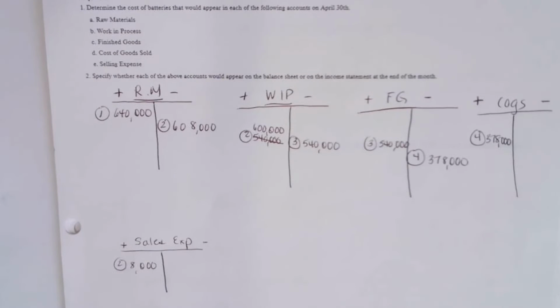No, I have 400. I have 400 batteries left and they each cost me $80. So just to be clear, these are the dollar amounts. We've got $60,000 worth of batteries sitting in work in process. $8,000 of sales expense. Whatever number this is. 61. Is that right?